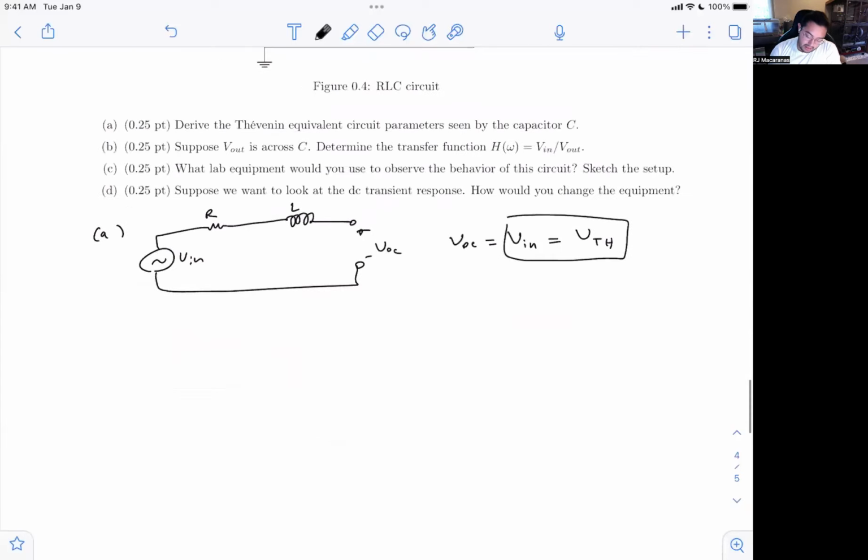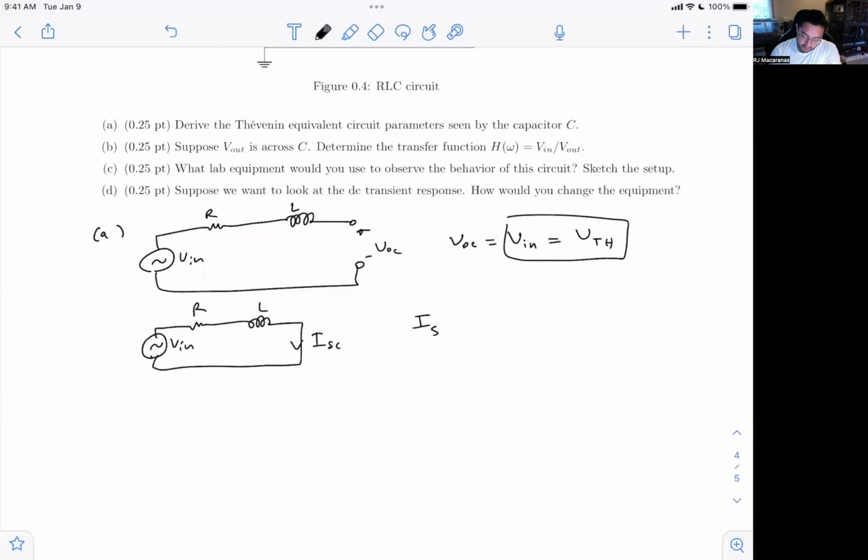All right. And then we want to find the Thevenin impedance. So we look at I short circuit. Here's our I short circuit. Here's L, here's R, and V in.